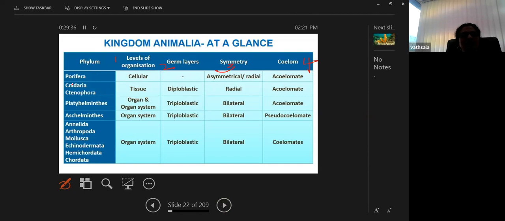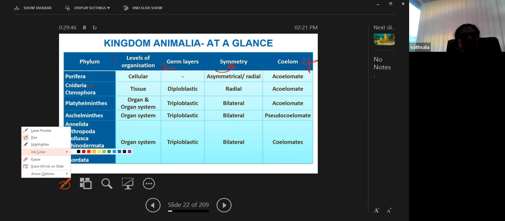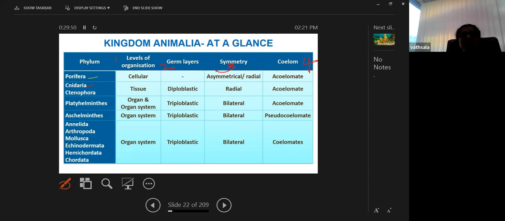Porifera, Coelenterata, also called Cnidaria, Ctenophora. Come on, give me all the names quickly. You have to mug it up. Give them in order so that it is helpful for you to understand. Porifera, Coelenterata, Ctenophora, Platyhelminthes, Aschelminthes, Annelida, Arthropoda, Mollusca, Echinodermata.